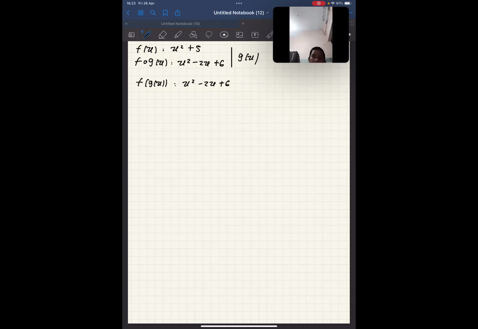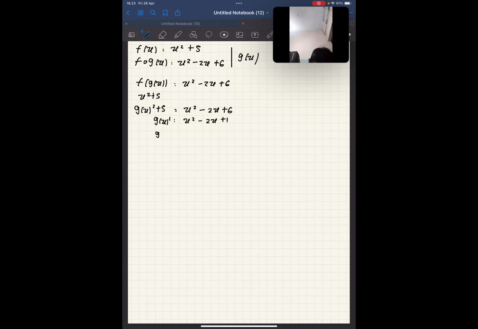The fx itself is x squared plus 5, but we're inserting the gx into the x. So this should be gx squared plus 5 equal to x squared minus 2x plus 6. So gx squared equal to x squared minus 2x plus 1.